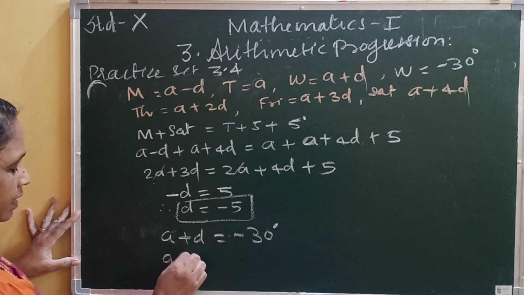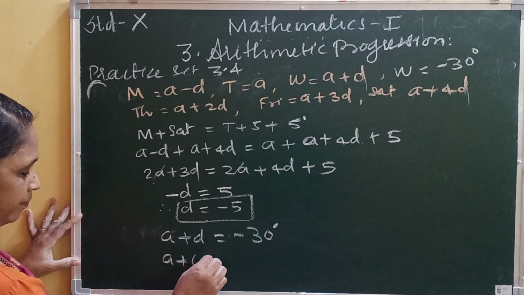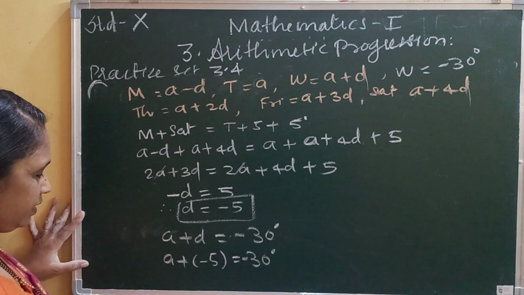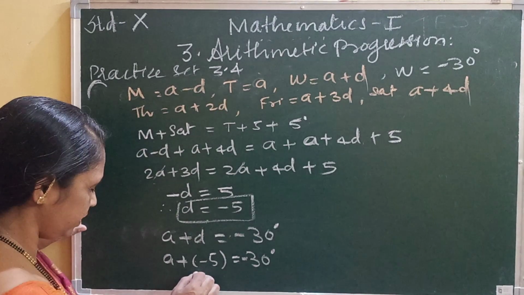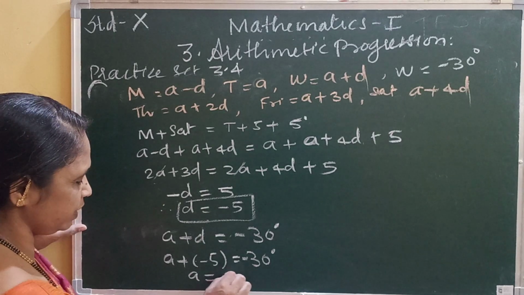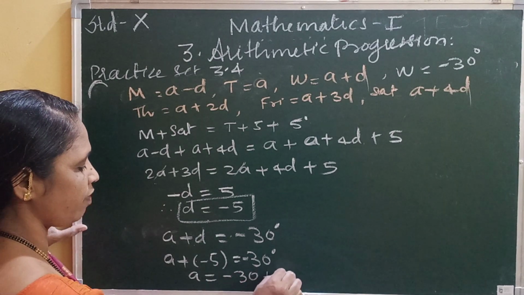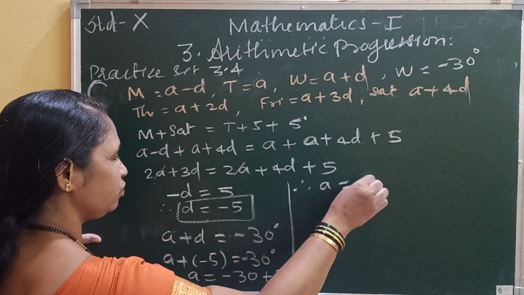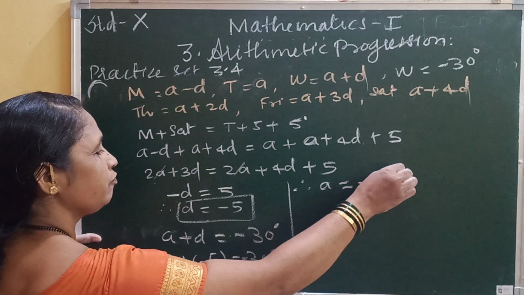So A plus D, that is A minus 5, is equal to minus 30 degree. Means A will be equal to minus 30 plus 5. Therefore, A is equal to minus 25.